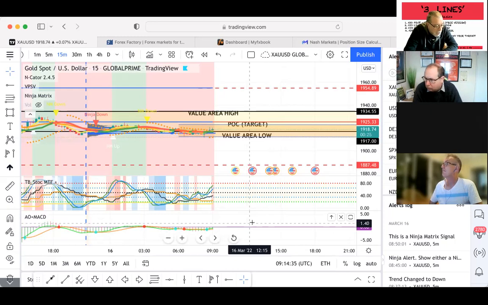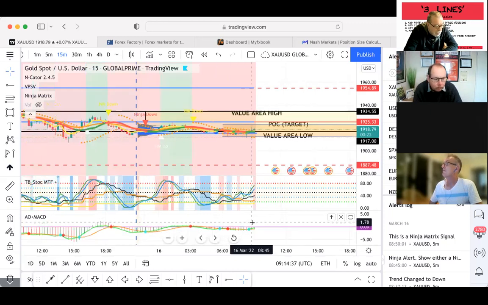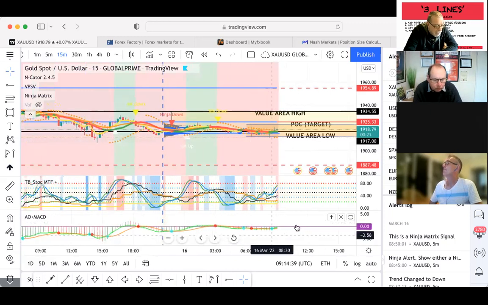That's a massive simplification, but that tends to be how it works. You'll see we've got a green dot which is indicating a buy, but it's stayed below the 0 line, and it's not moving a great deal. It's simply flatlining, pretty much the same as the price.